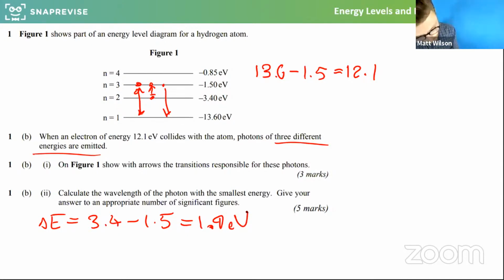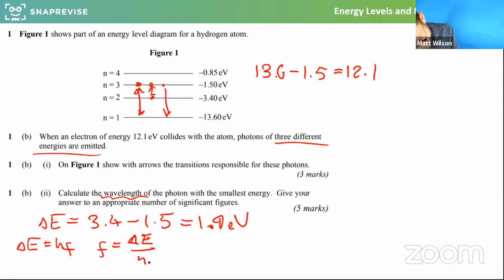Now we want to turn this into a wavelength, and the method we're going to use is the fact that the change in energy must be equal to h times the frequency. And so the frequency will be equal to the change in energy over Planck's constant.